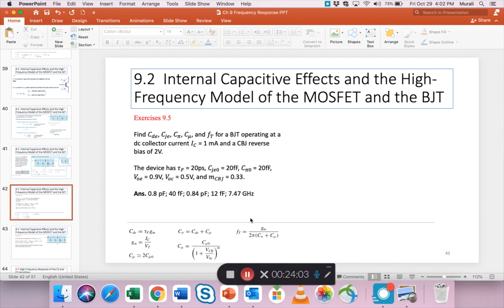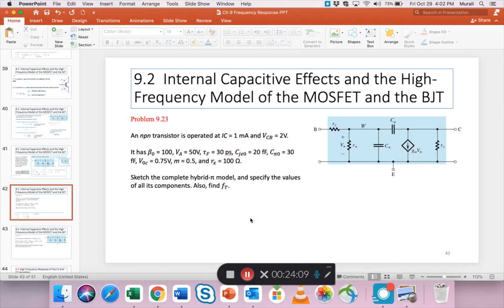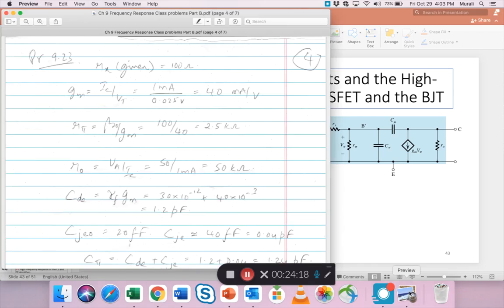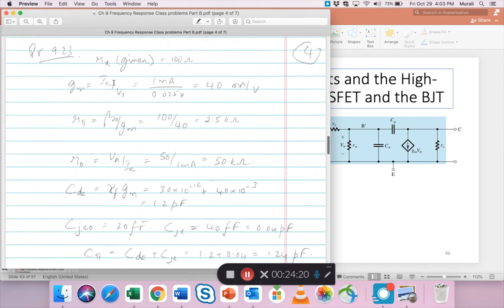Okay, so it's pretty much similar to this, right? Yeah, so that's why I didn't show all the formulas, but we can go straight to looking at the solution for 9.23. rx is given as 100.